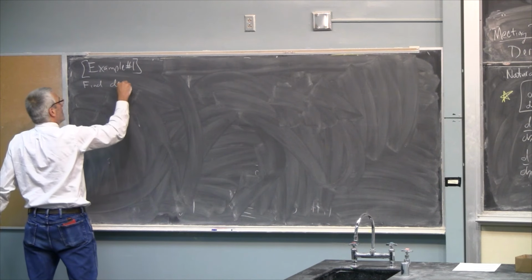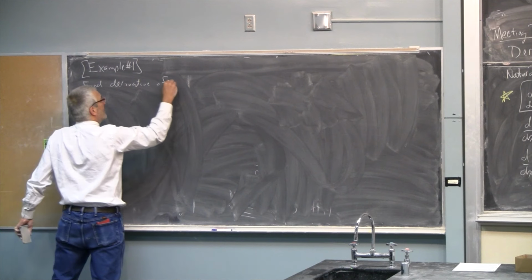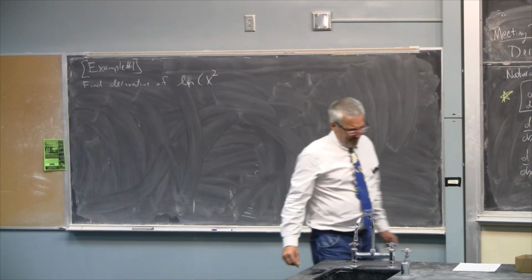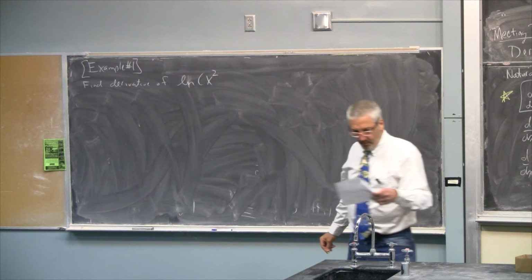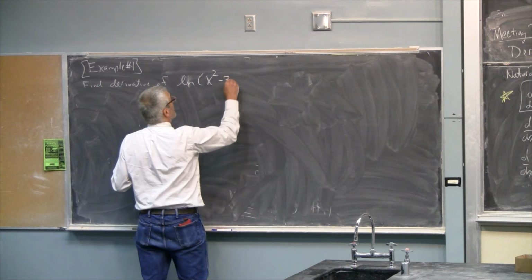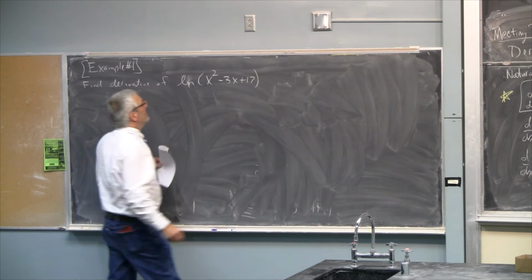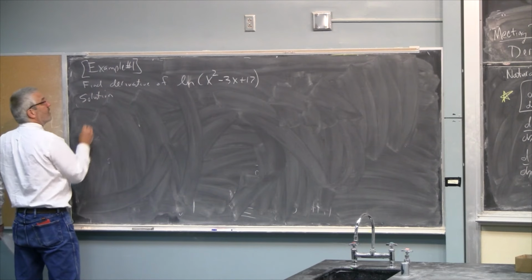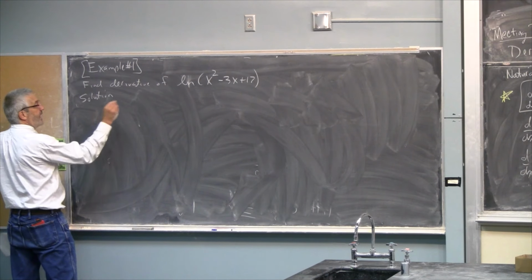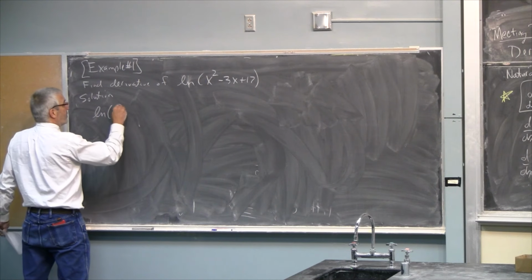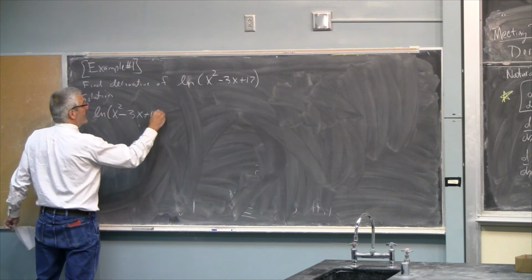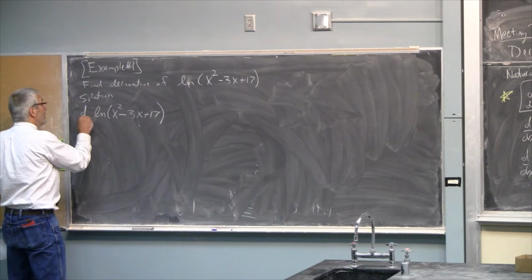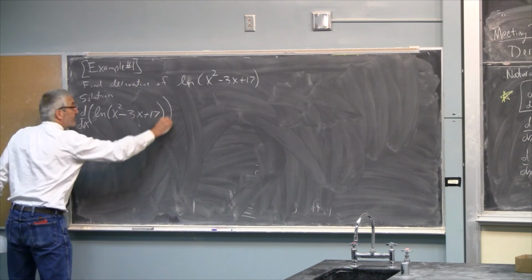Find the derivative of ln of x squared minus 3x plus 17. Okay, so I'm going to have that function, ln of x squared minus 3x plus 17, and I'm going to just write in front of it the d dx symbol. d dx, not dy dx. I'm just taking the derivative of this thing.